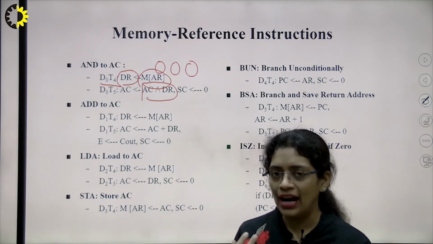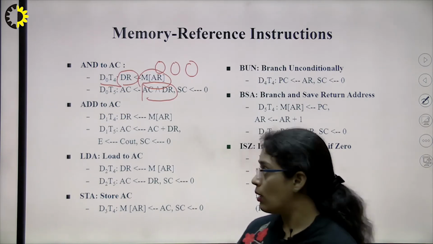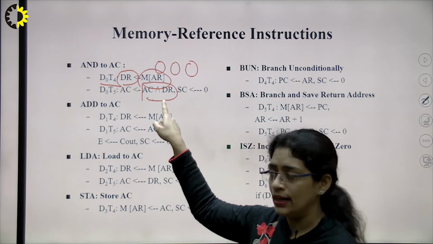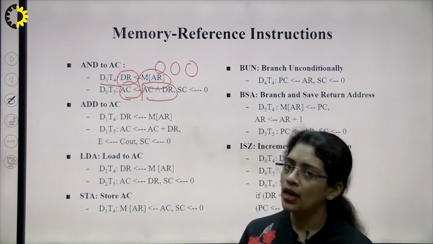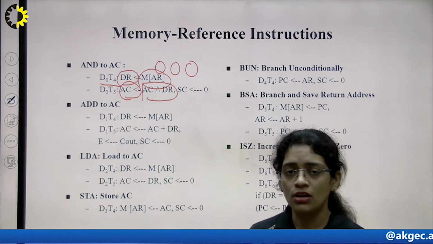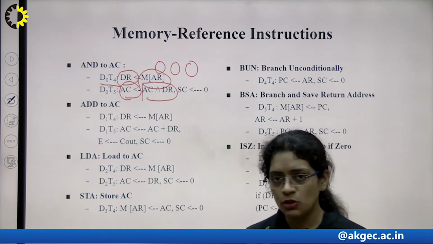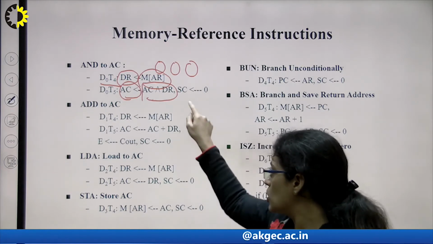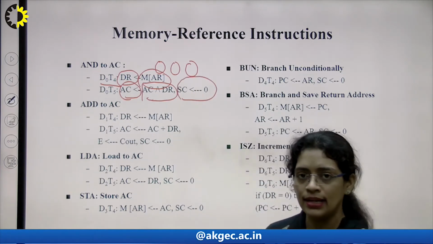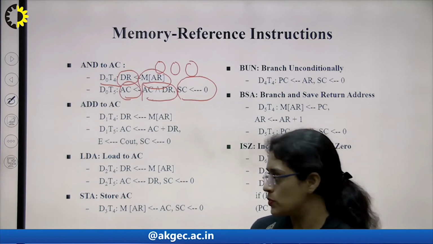For the AND operation we need 2 operands, one in the accumulator and another in DR. We do the AND and store the final result in the accumulator. Whenever we are done with an instruction's execution, as the instruction is finished, we need to clear the sequence counter to 0. In every instruction you will see this is the last step: the sequence counter is cleared to 0.